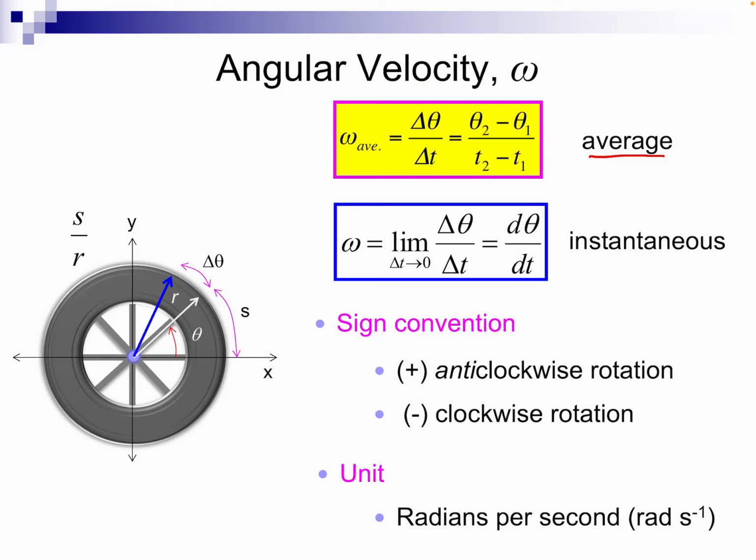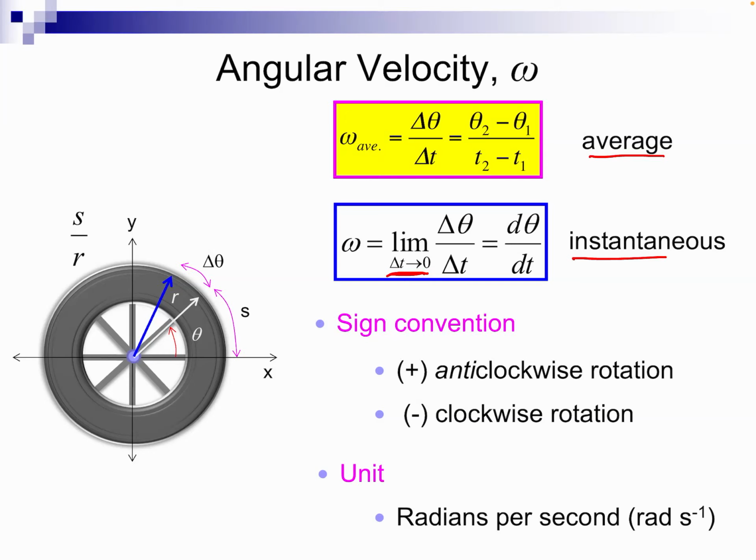If we let the time interval approach 0, making it smaller and smaller until we approach just a single time, then we are talking about instantaneous angular velocity. Instantaneous meaning the angular velocity at a particular instant of time, at a single time.